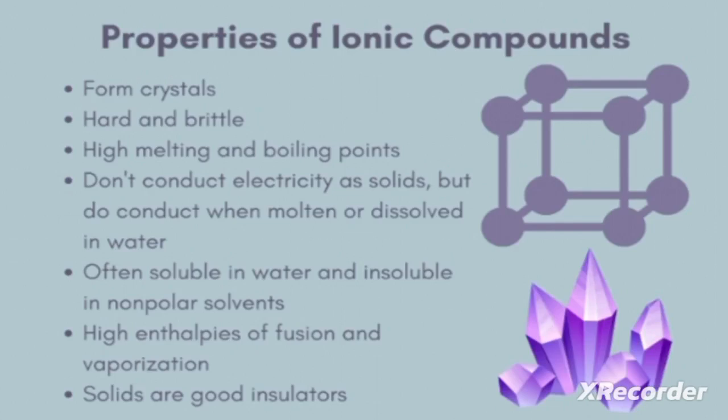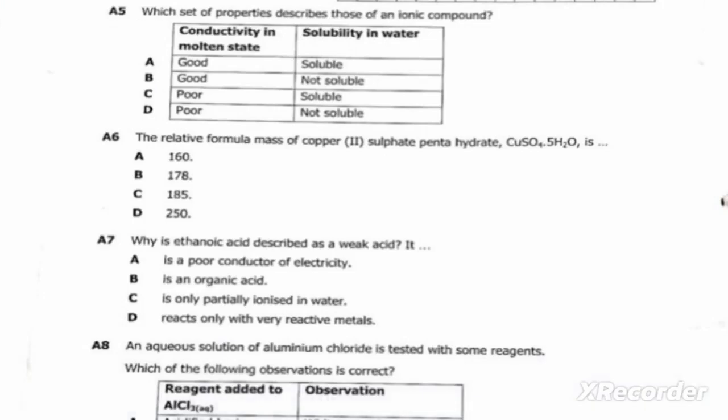Solids are good insulators. So we have seen that ionic compounds are soluble in water, and they can conduct electricity provided they are in molten state. So therefore, our correct answer is A.